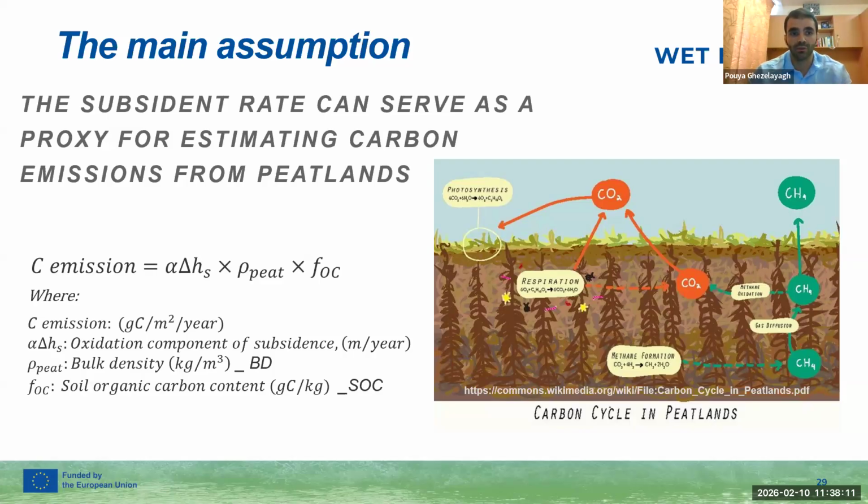This is a very simple formula, but it's not easy because it requires the acquisition of all of these four parameters. So the next step of our research was to establish a method for each of these parameters.